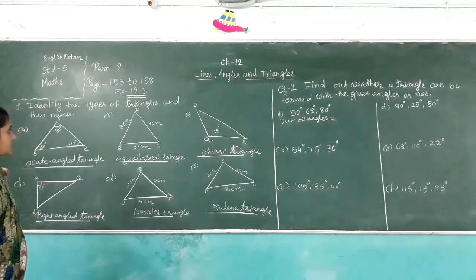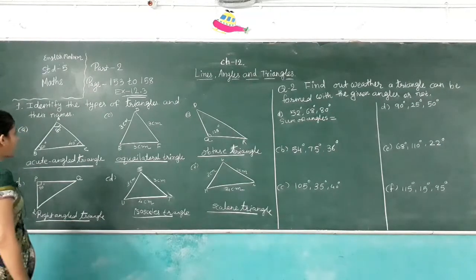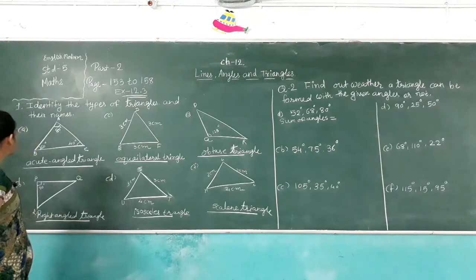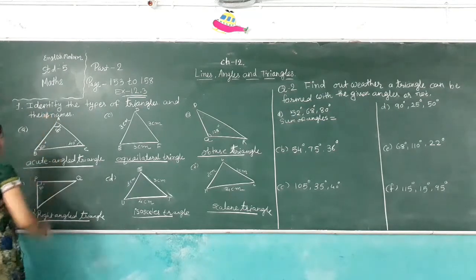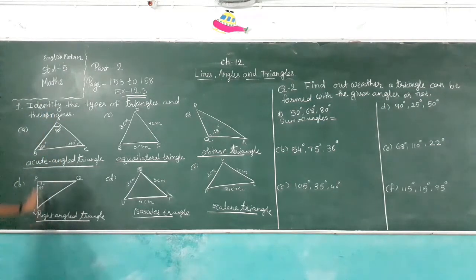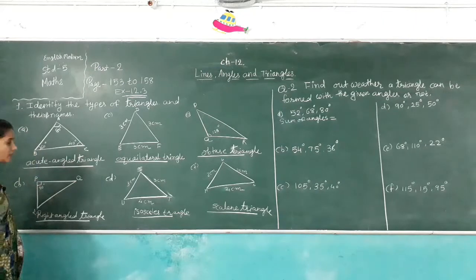Now solve exercise number 12.3. Question 1: Identify the types of triangle and write their names. Here the first one, triangle ABC, is given.